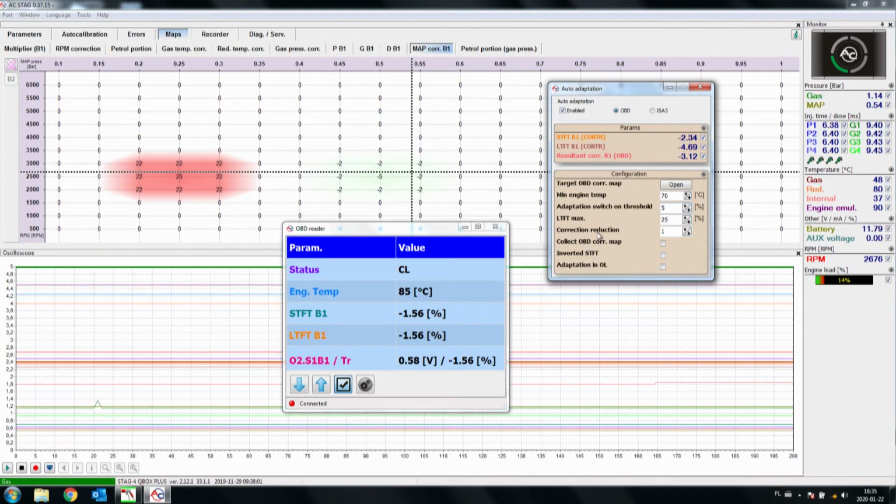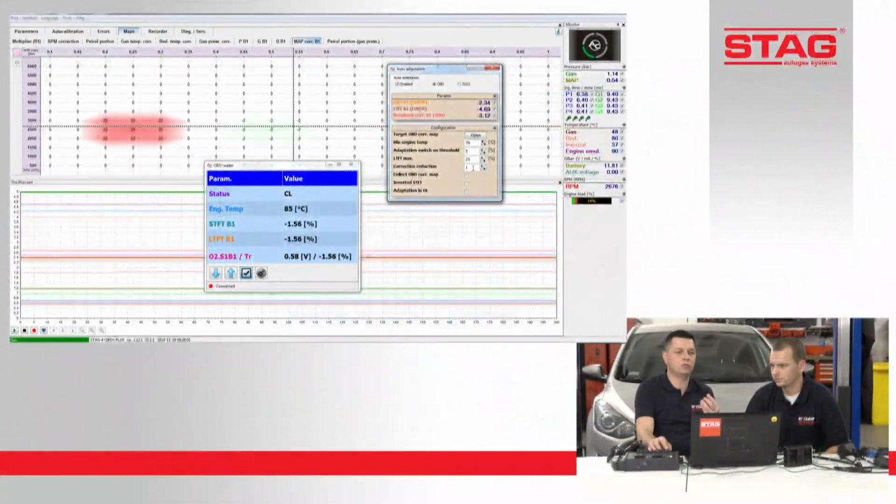Right. Correction reduction, we have a value of the correction reduction. We can use correction reduction in specific ECU, especially Italian Magneti Marelli ECU, where you can find correction, not normal, let's say normal correction 2, 3, 5, 6, 10, up to 25%, but in this Magneti Marelli ECU you can find correction around 80, 90, 95, 96%.